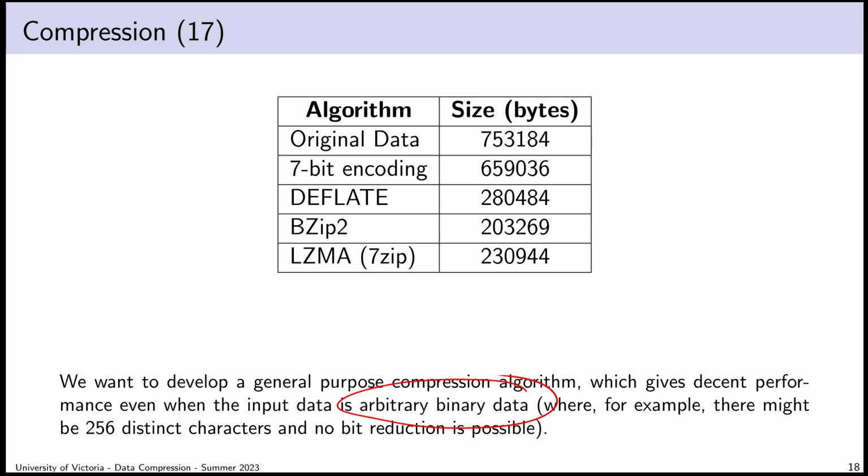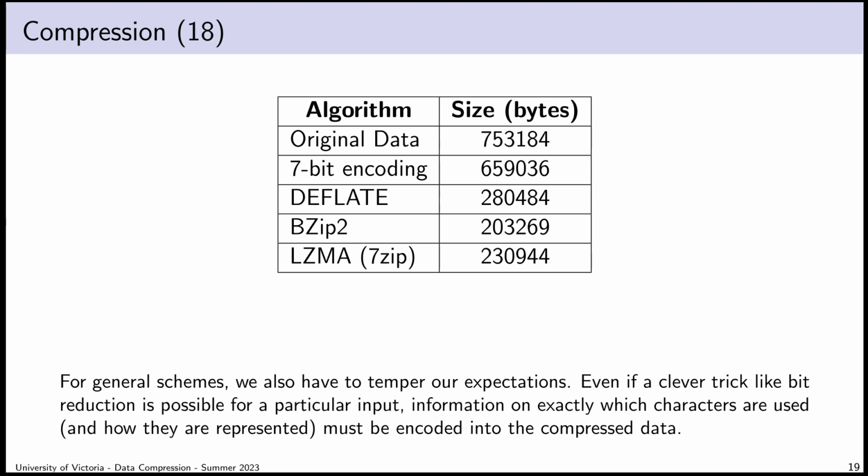In an arbitrary binary file, especially a large one, I should expect that every possible 8-bit sequence shows up at least once. So this idea that I've been following for the last couple of lectures of reducing the number of bits I used is not universally applicable. That doesn't mean I can't use it. It just means I can't count on it always yielding results.